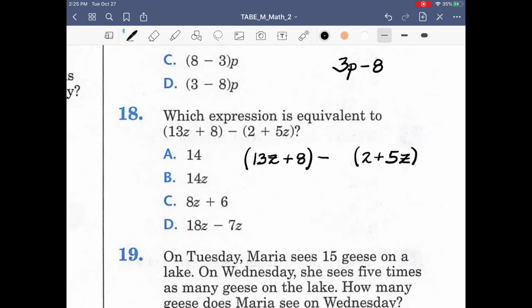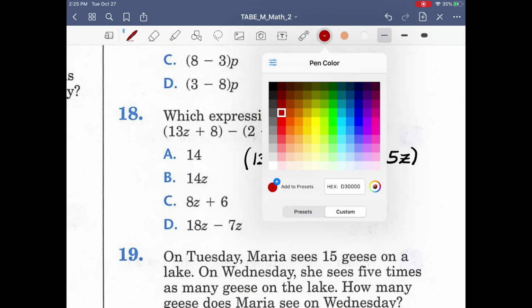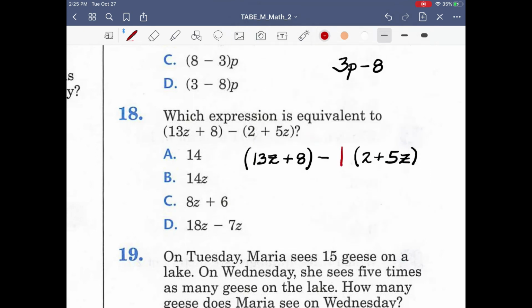Now remember that there is a ghost 1 sitting in here, and that needs to be distributed through these terms. So we have negative 1 times 2, that's negative 2. Negative 1 times positive 5 is negative 5z.